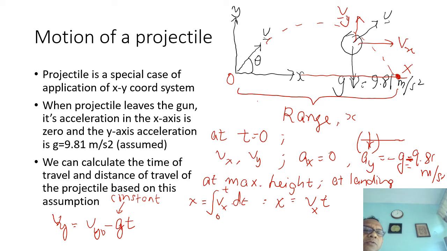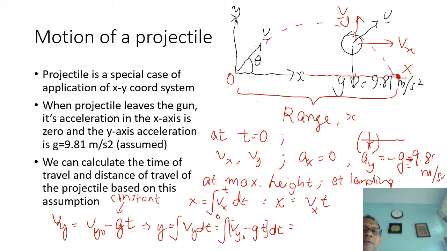So we can find that y equals the integration of Vy dt, the integration of Vy naught minus gt dt.